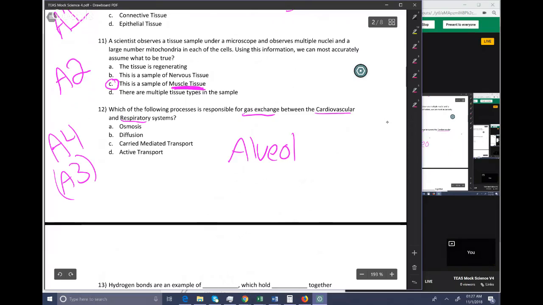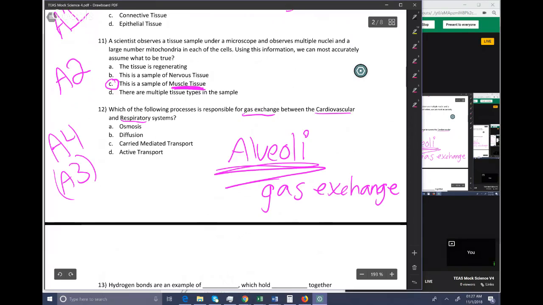The two systems are truly interacting in their purest form at the alveoli, which is the site of actual gas exchange. That's where we're bringing in oxygen and trading it out for the CO2, and the true exchange is happening. That happens by diffusion.